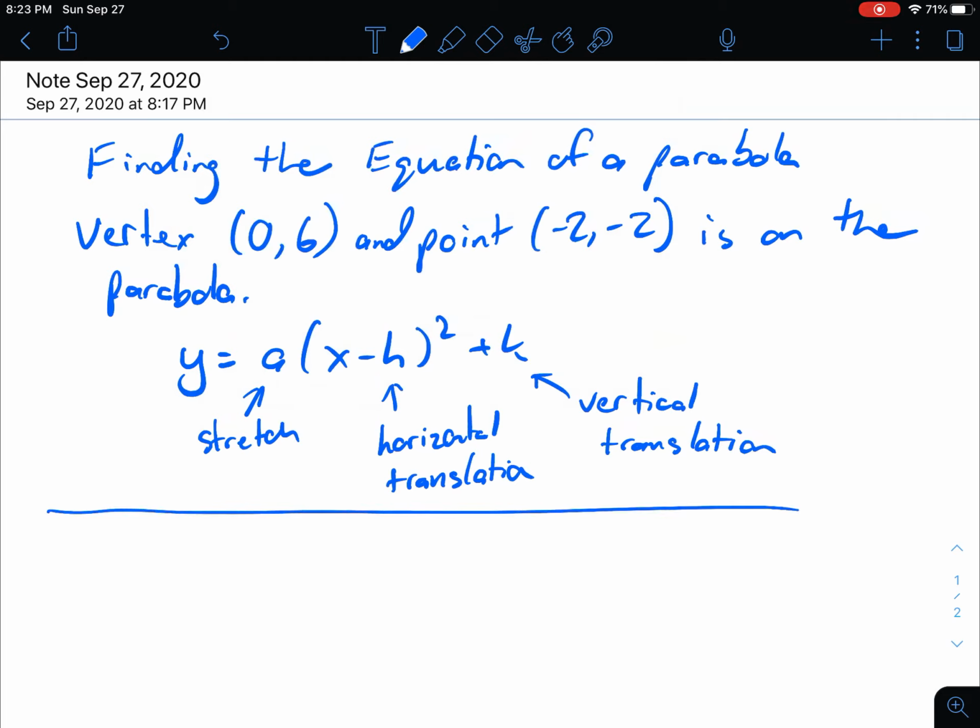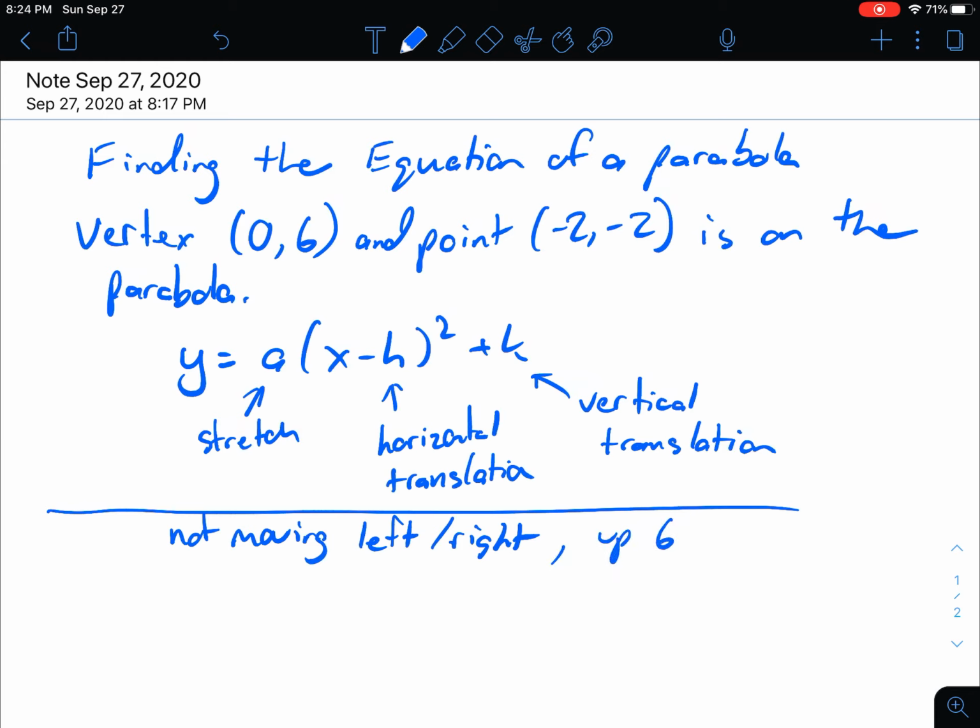If I know my vertex is at (0, 6), that tells me it's not moving left or right, because I've got 0 there. The 6, though, is telling me it's moving up 6.